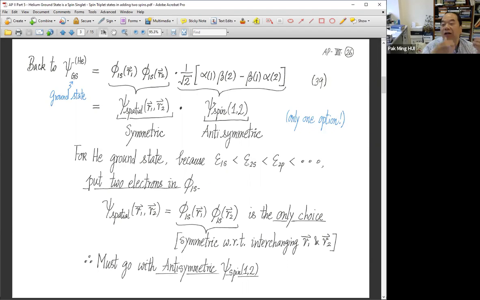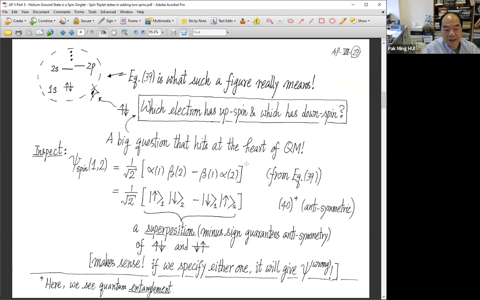We could have an antisymmetric spatial part. Okay, so that is the possibility. Now if it is the ground state, we only have this symmetric spatial part. And that leads us to a discussion on the spin part.